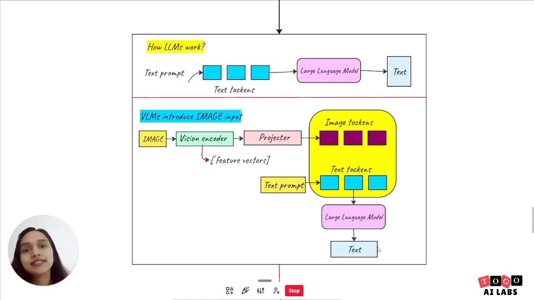And finally, this gives us the text-based response generated by the model, whether that is a caption, an explanation of what is in the image, or the answer to a question by interpreting both visual and textual information. So to summarize, a vision language model extends an LLM by introducing a multimodal tokenization pipeline. And this multimodal tokenization pipeline allows images to be represented in a way that text-based transformers can process.